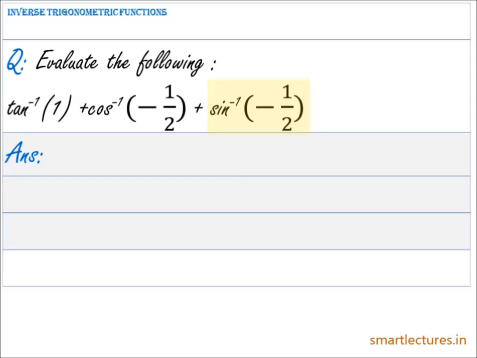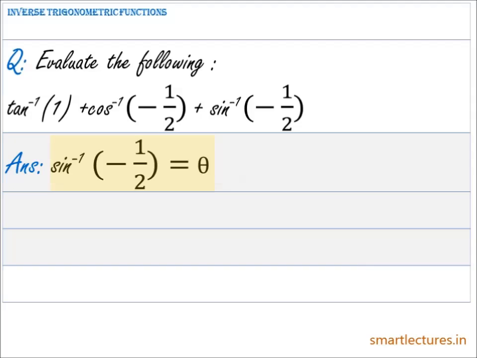Again, let sine inverse minus half be equal to theta, where theta is the angle between minus half pi and half pi. From the definition of inverse function, theta is the angle the sine of which is equal to minus half, or we can write sine theta is equal to minus half.